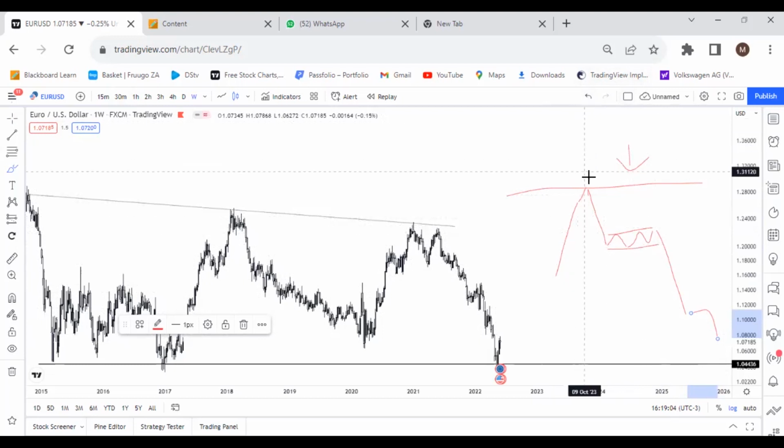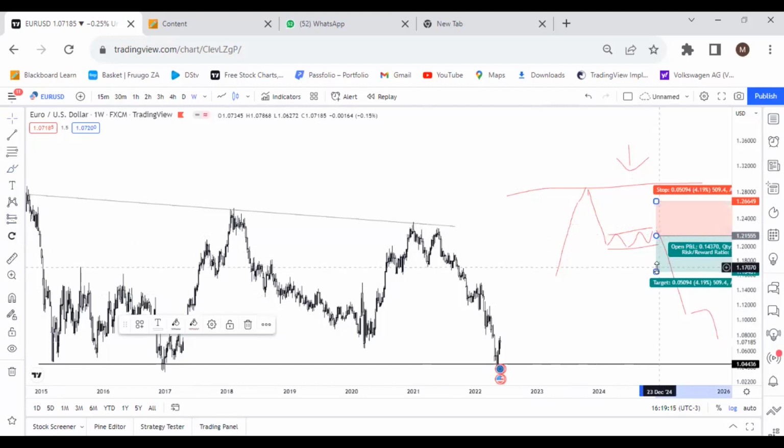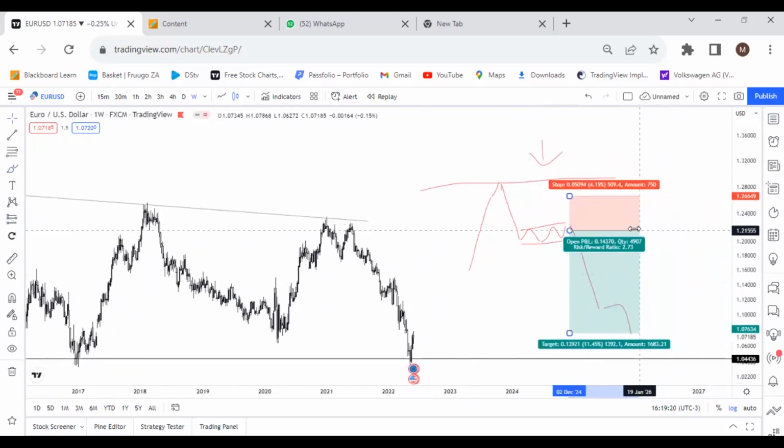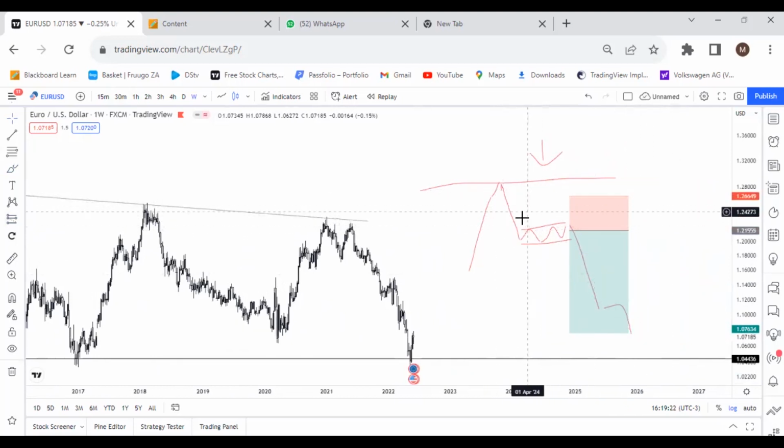So in this case, you waited for the price to reject, create an impulse, you waited for the correction to form, and that is when you decide to execute your trade, which limits your risk of the price reversing and going back inside, because now you have the rejection from the trend as your first confirmation, the impulse to the downside as your second confirmation, and the correction as your third confirmation.